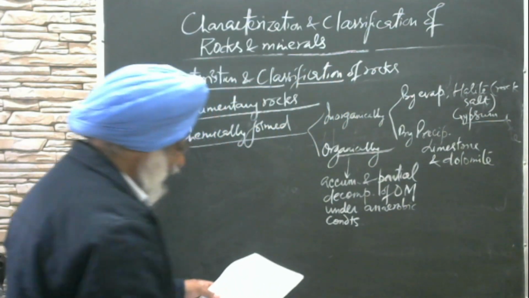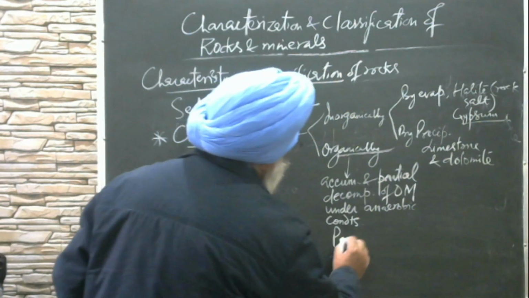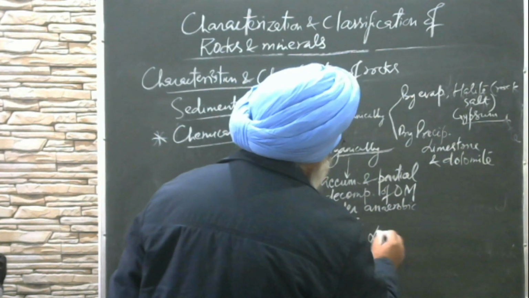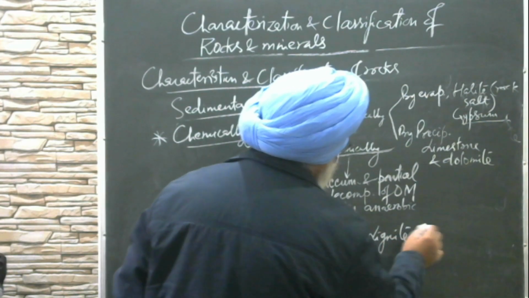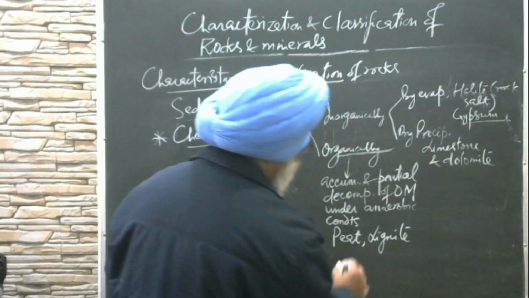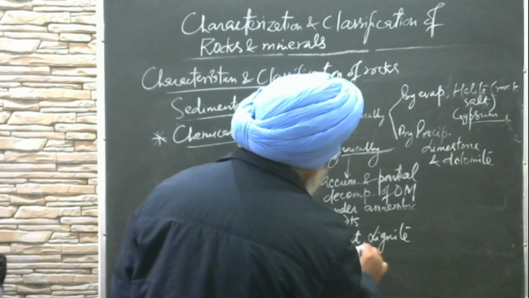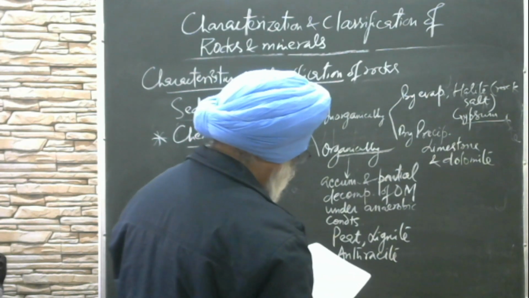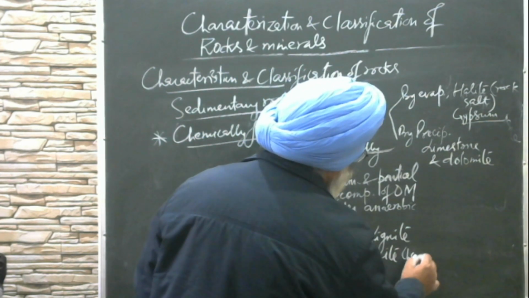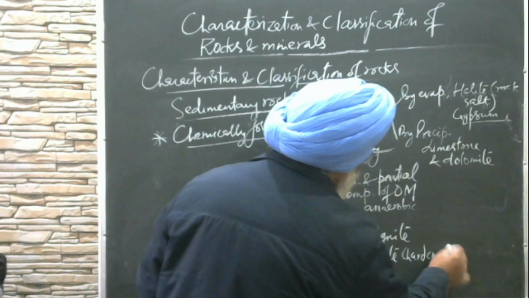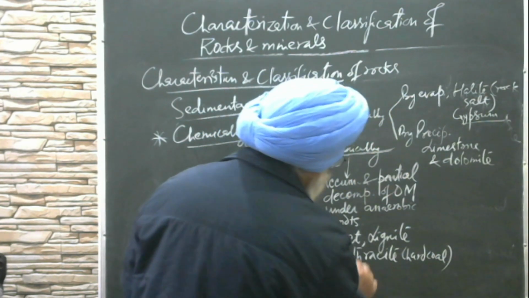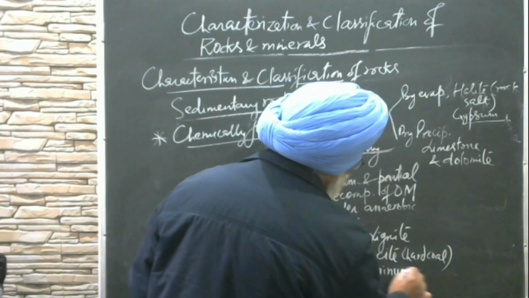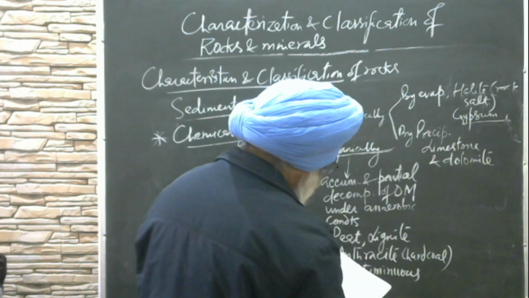And here the examples are peat, generally we say peat soils, rich in organic matter, lignite, then anthracite, what you call coal, and coal. This is hard coal, then bituminous, and semi-bituminous.